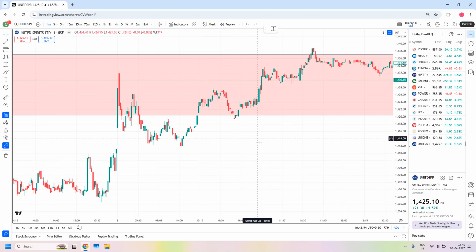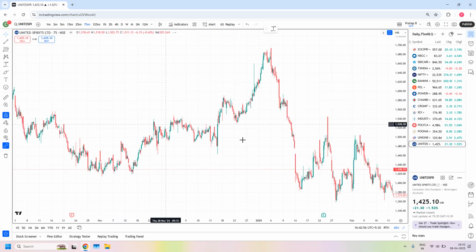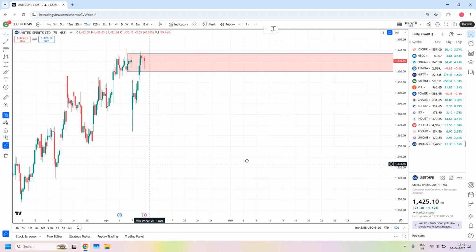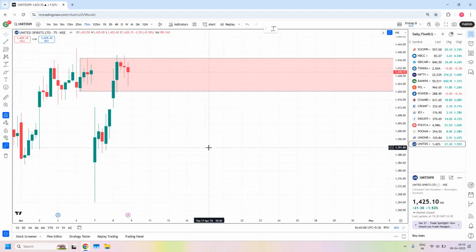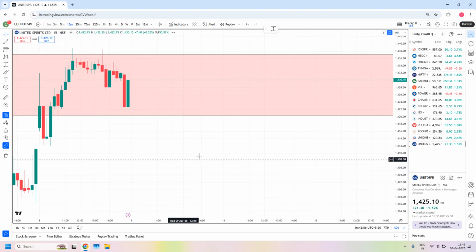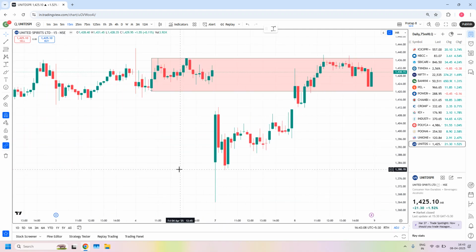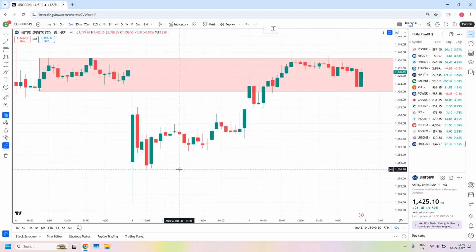United Spirits. This is a 75 minutes high liquidity zone. Rally base drop, but here I didn't fine tune. 15 minutes structure is not very convincing here. I'm not convinced here.